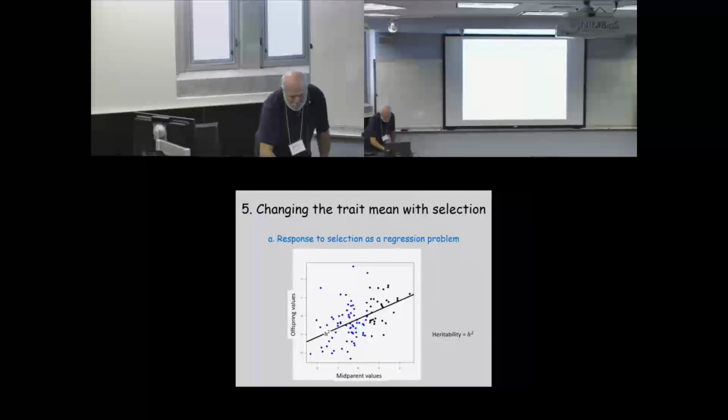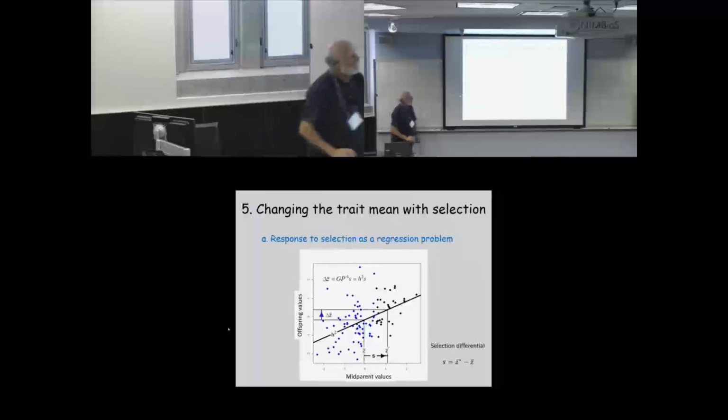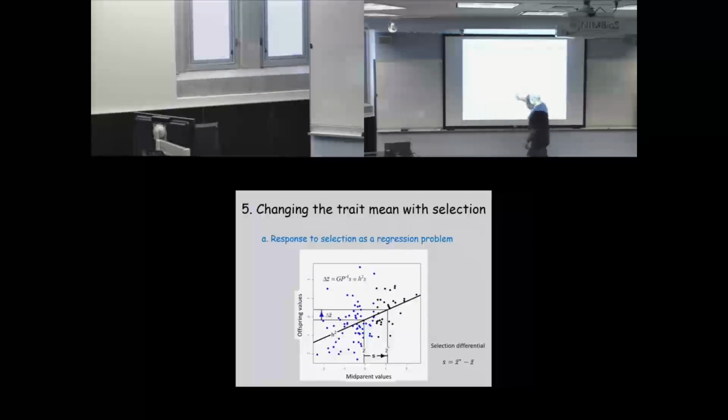So if you look at that difference between the trait mean for all parents and the trait mean of the actual parents, that is what we're going to call the selection differential. And just as this regression line is the regression of offspring values on parent values, if we take a change in parent values, we can use the regression line to predict the expected change in offspring values, right?